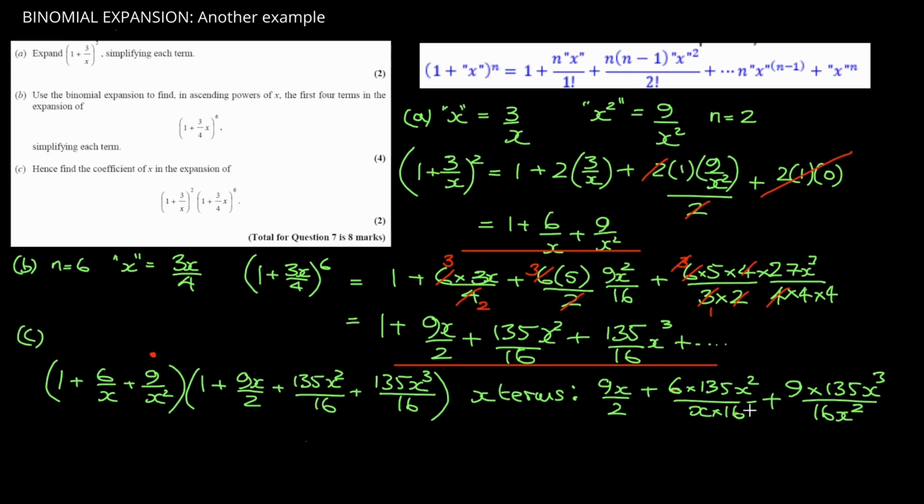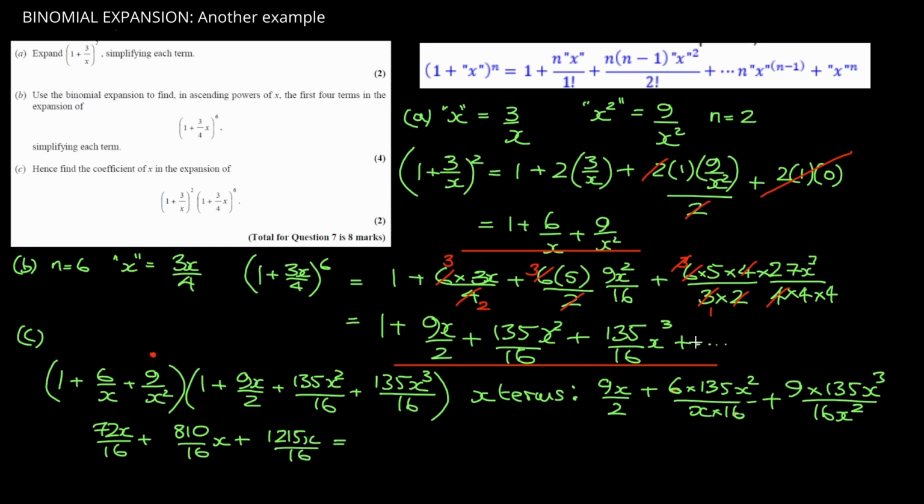So we've got two options now. We can either go down the decimal road and work out the coefficient of all of these, or stay in the fractional mode, where I suggest you multiply both top and bottom here by 8. So if we go down the fractional mode, I get 72x over 16 plus 6 times 135, and this is 810 over 16, x again, plus 9 times 135, which is 1215, x over 16.